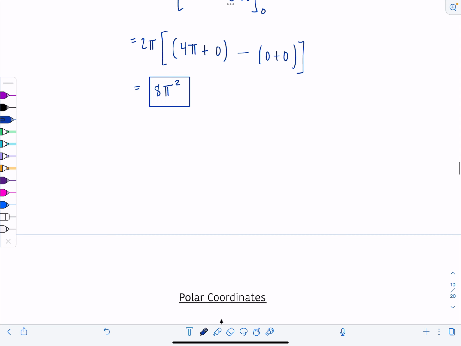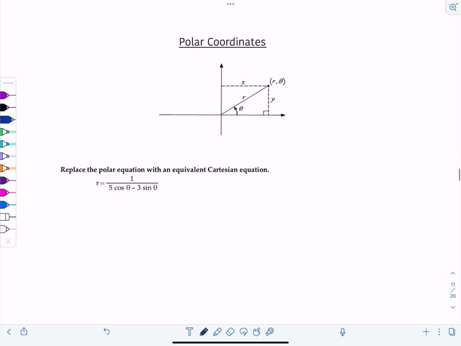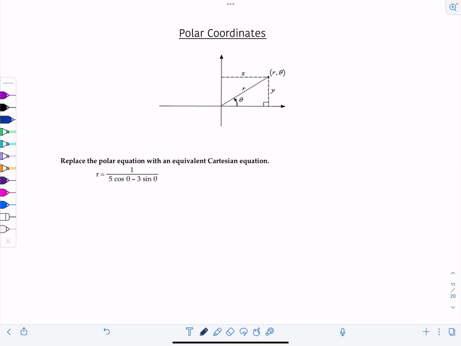Very nice. Now we're going to talk about polar coordinates. If you remember this diagram, then you'll be able to go back and forth from polar to rectangular very easily. Just look at your normal trig functions, ratios with a right triangle. This point is (r, theta), but it's also (x, y).